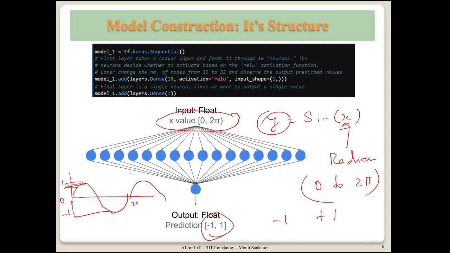So what do we do? We give input by taking different samples here. Suppose you decide that I want 1000 samples to be given, I divide the 2 pi value into 1000 small instances, and we'll add some noise to it. We'll give that as an input to the actual network.